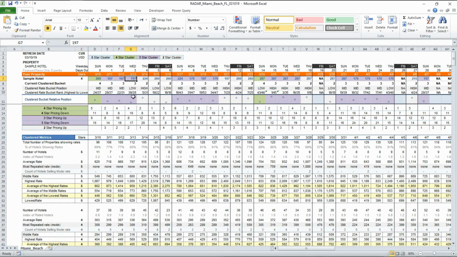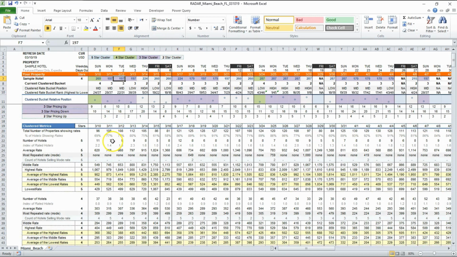Again, the rate of $197 is situated in the low range of the 3-star bucket. Note that this is the same rate as the Tuesday and Wednesday rates, which are rates in the middle of the 3-star bucket. Here we have the same rates in 2 different buckets within the same week. This is due to the fact that the rates in the market are trending higher for Wednesday.